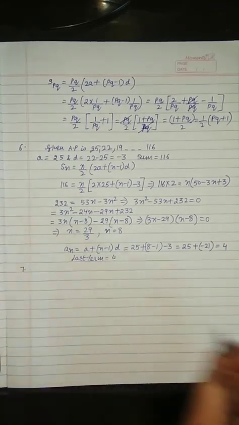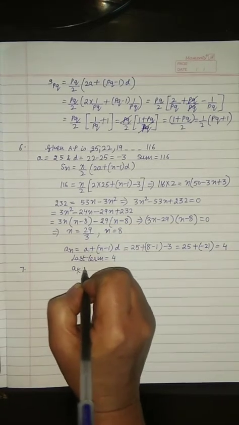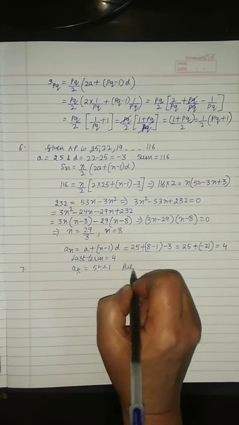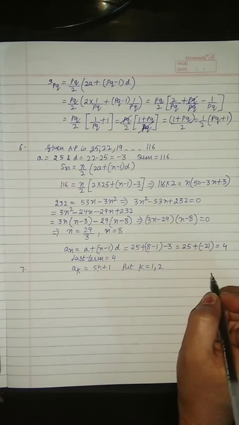Now moving to the 7th question. In the 7th question, we have to find the sum of n terms of an AP whose kth term is given as 5k plus 1. So we are given ak, the kth term, is 5k plus 1. Now we will put k is equal to 1 and 2 to get the first two terms of this AP.